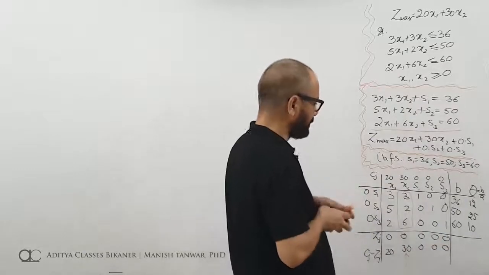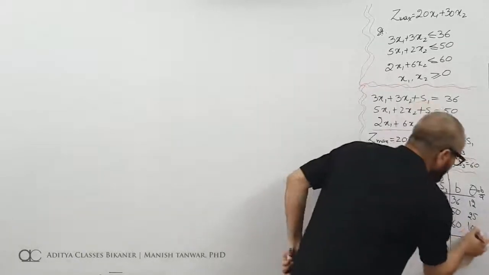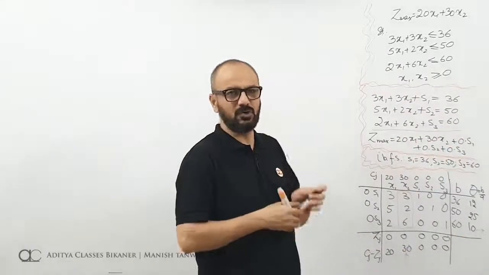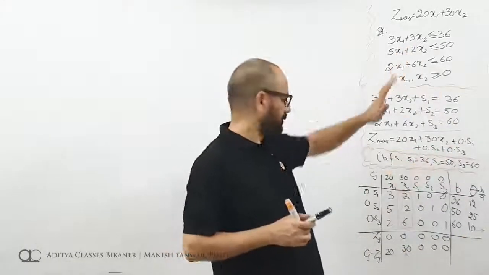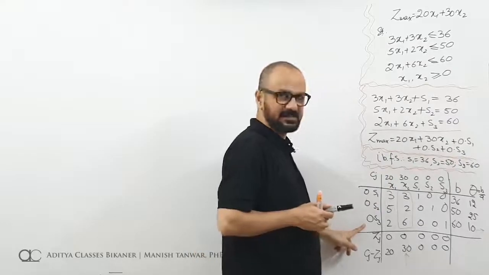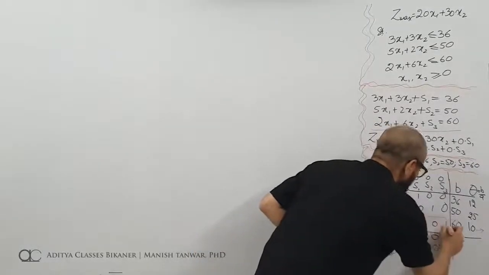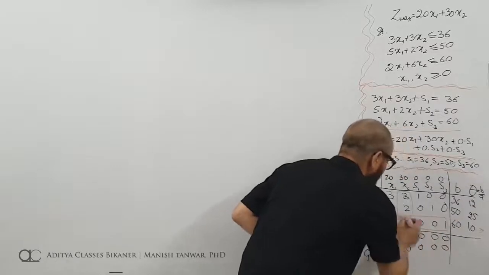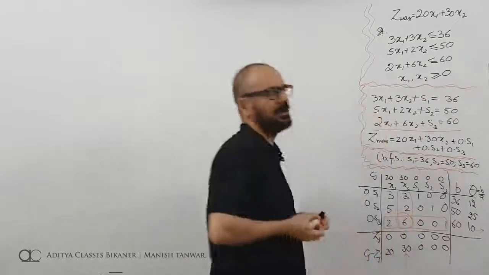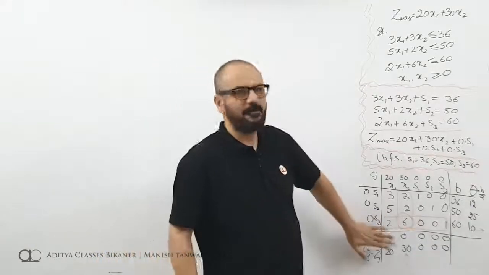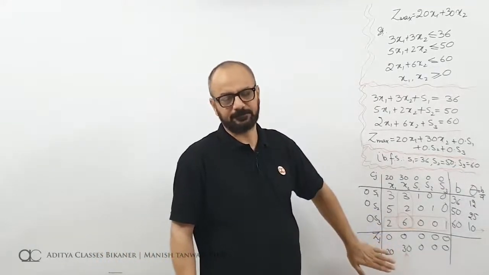Which value is least? 10 is least positive. So this is the outgoing variable. Who is the outgoing variable? S3 is the outgoing variable. Now, I have my key row and this is my key element.